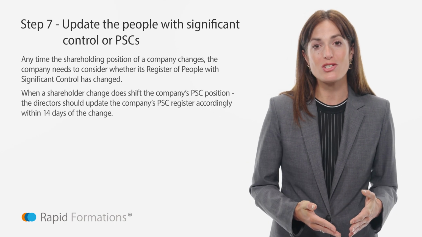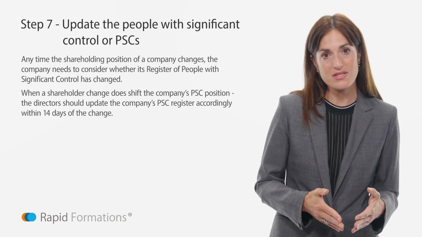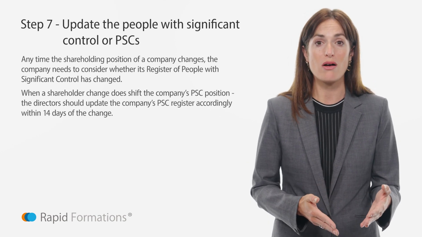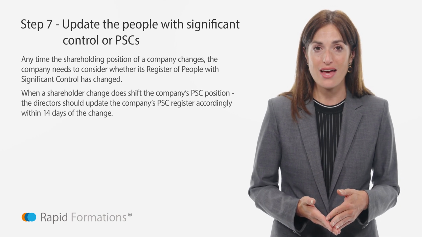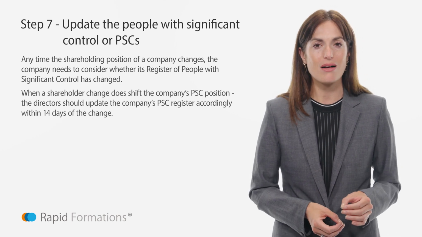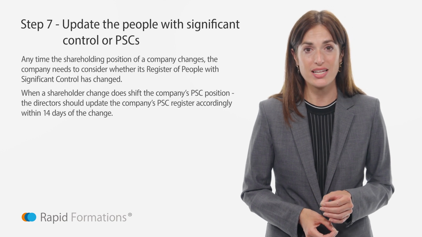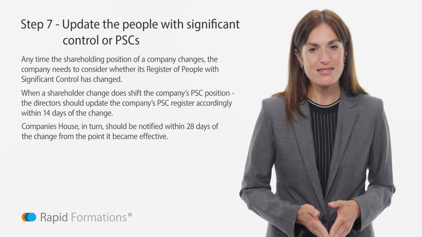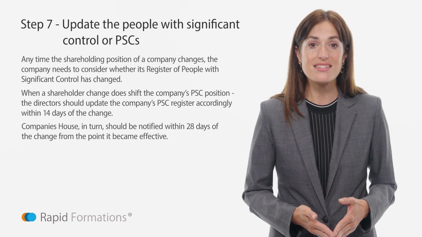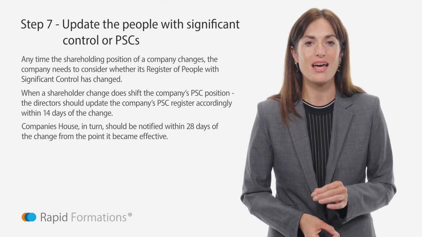When a shareholder change does shift the company's PSC position, the director should update the company's PSC register accordingly within 14 days of the change. Companies House, in turn, should be notified within 28 days of the change from the point it became effective.